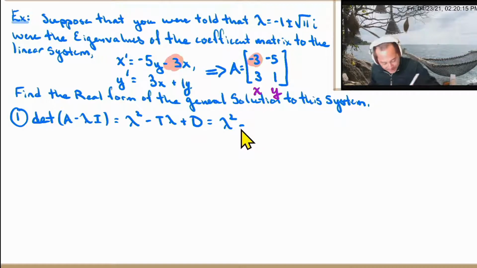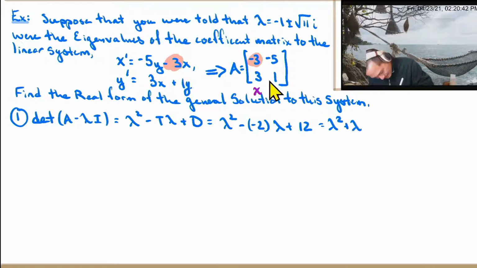And then I have another negative on there, so I get -2 times lambda plus the determinant. The determinant's going to be -3 times 1, so that's -3, and then minus a 3 times -5, so then that means plus 15. I get -3 plus 15, and so what should I get from that? 12? And so I get lambda squared plus lambda plus 12. Is that right? Let me know if that's not right. I set that equal to 0.